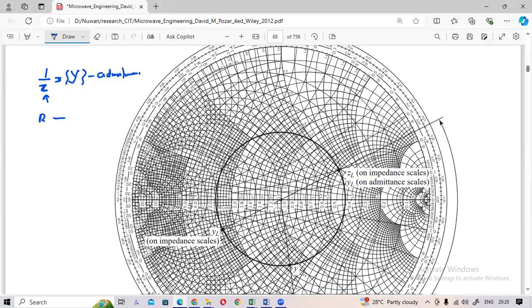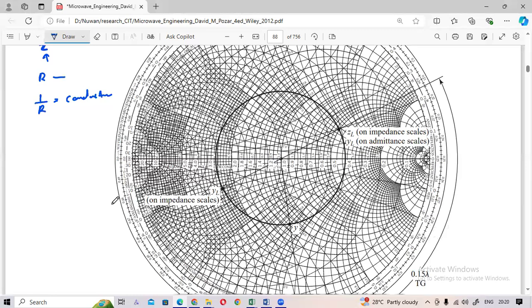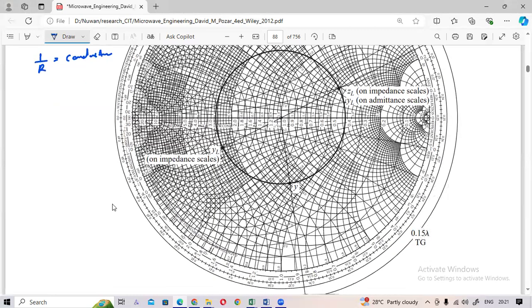R is the resistor, 1 over R is conductance. In the same way, Z is the impedance and 1 over Z is the admittance. If you consider the impedance, it is resistive plus a reactive part, which we call reactance.